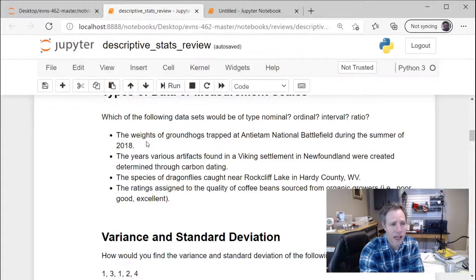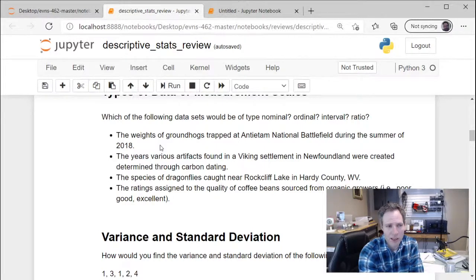And I give you four examples here, one for each type of data scale. So the masses of groundhogs trapped at Antietam National Battlefield during the summer of 2018. What kind of data is a mass? Well, masses are measured using instruments. Instruments have uniform scales of measurement.